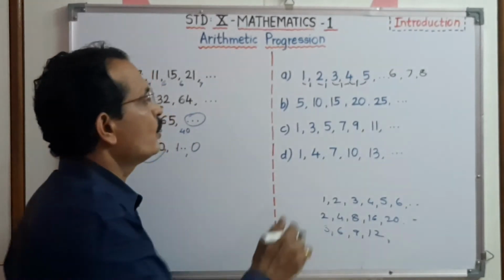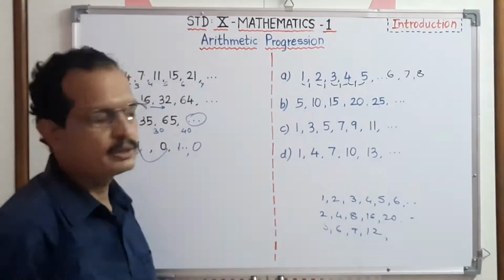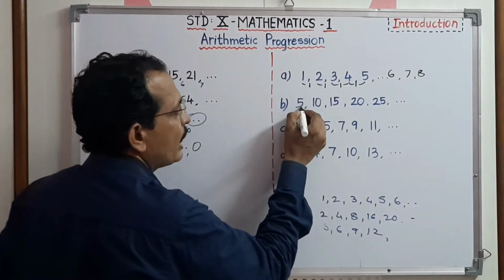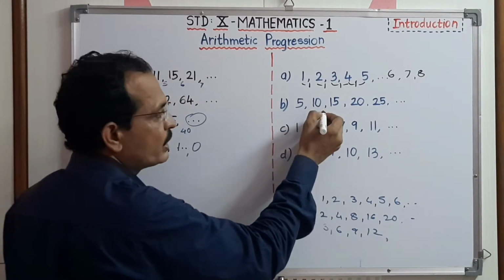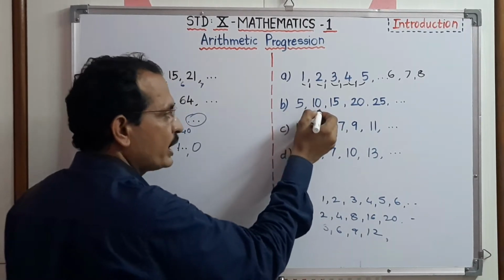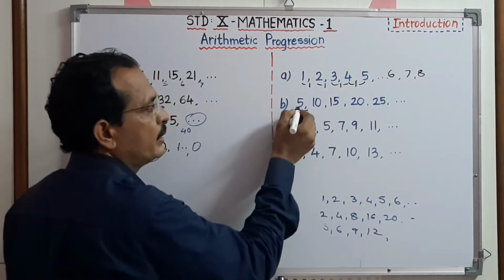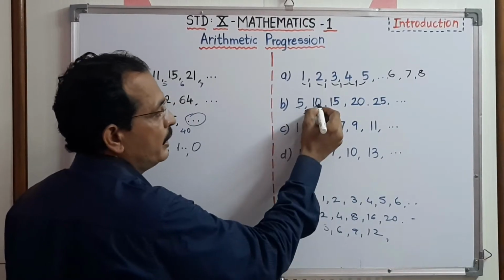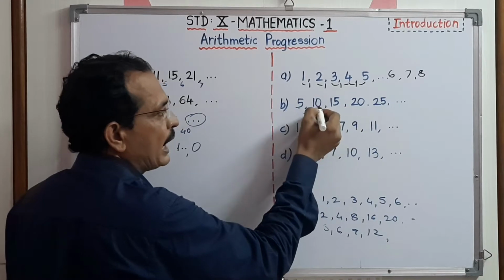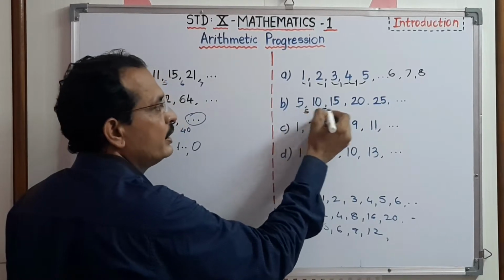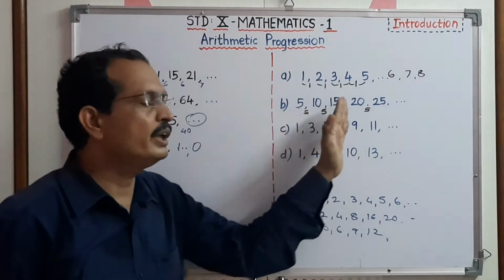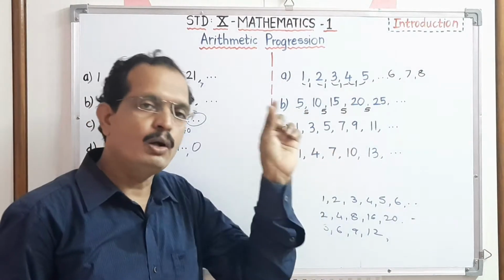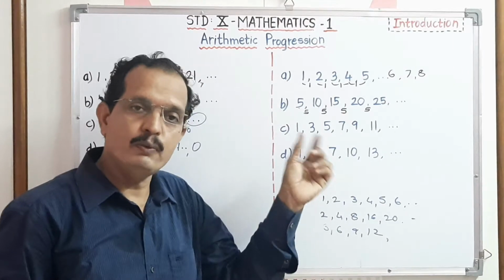Like this. Now if we observe the second sequence, the first term is 5, the second number is 10. For getting 10, I add 5, that means 5 plus 5. Here for getting 15, I add 5 to this 10. Here it is 5. Like this. That means for getting each number, I add a particular number every time.